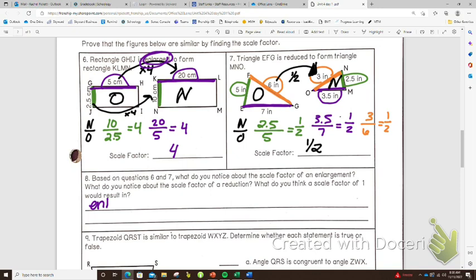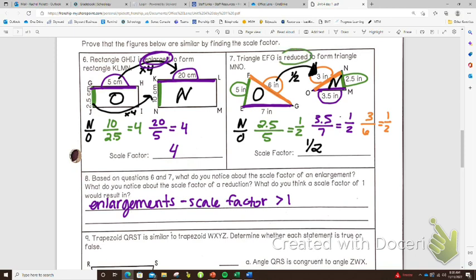What you should notice about enlargements is that the scale factor is greater than 1. It has to be bigger than 1, because you have to multiply by a number bigger than 1 to get a bigger shape or a bigger number.